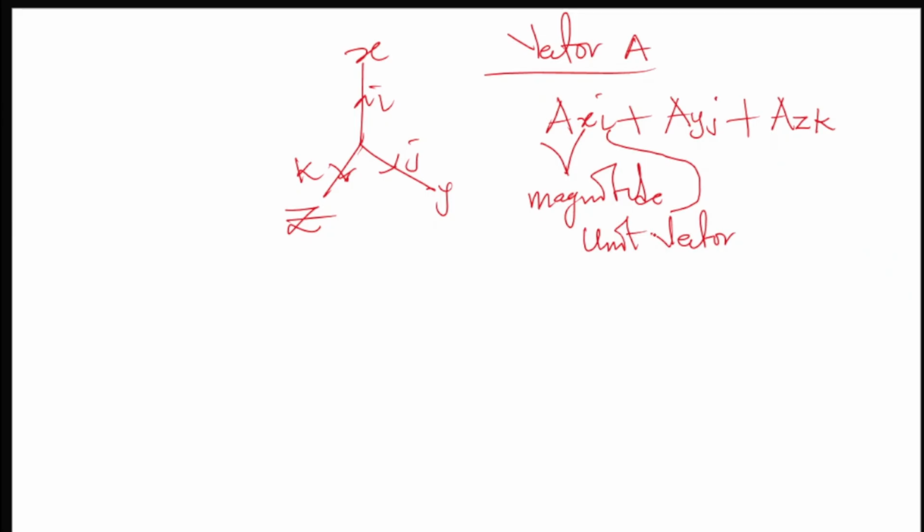And your unit vector shows you the direction of your field. So basically, your unit vector here stands as your direction. That is why we said when we are considering vector, we are considering magnitude and direction. Now looking at our vector, does it have magnitude? Yes. Does it have direction? Yes. So that tells us that we have vector A.